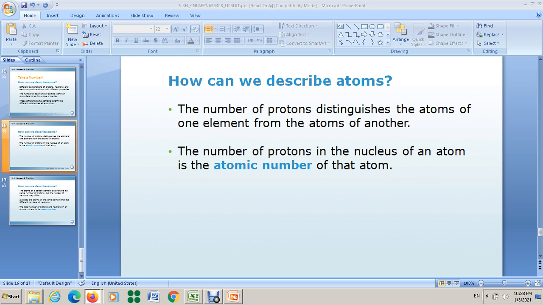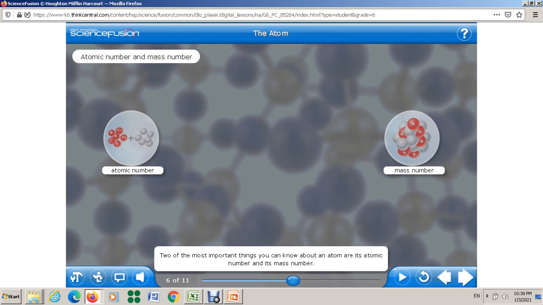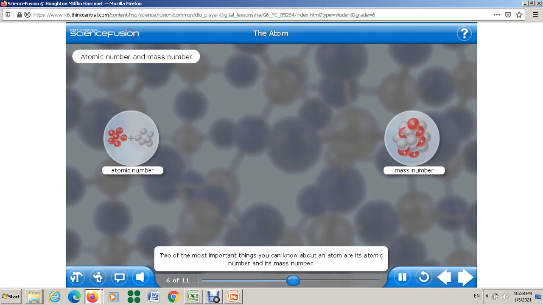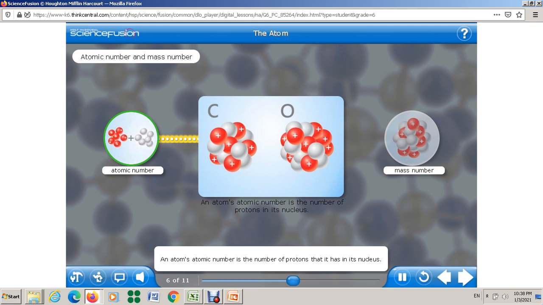Listen carefully to this. Two of the most important things you can know about an atom are its atomic number and its mass number. An atom's atomic number is the number of protons that it has in its nucleus.